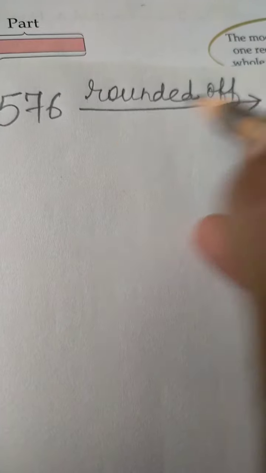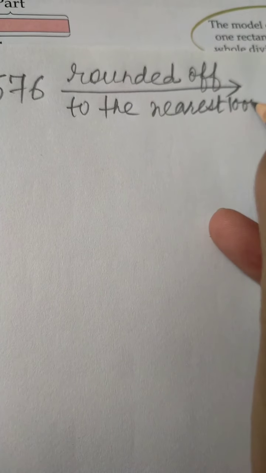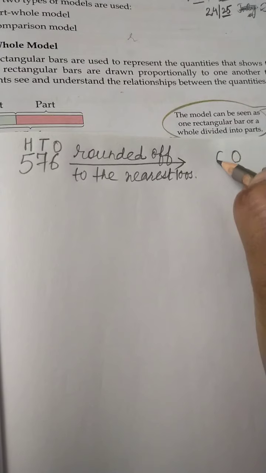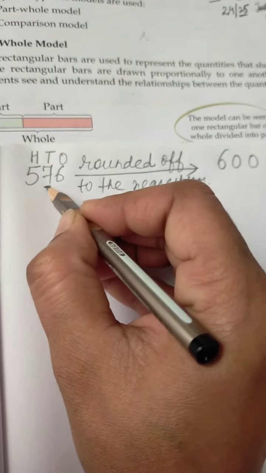Now 576 rounded off to the nearest hundreds. Ones, tens, hundreds. Now the ones place digit will be 0, the tens place will also be 0, and the hundreds place will be the next one. Why? Because the tens place digit is more than 5.